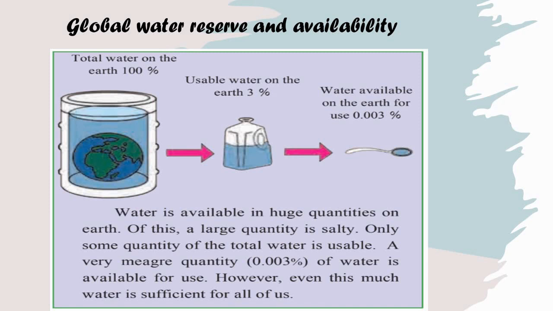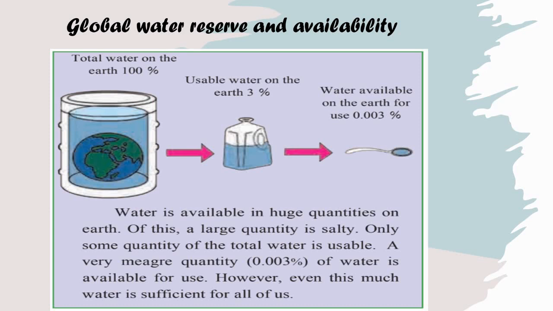Okay, the whole world is using water for different purposes. We use water for drinking, but we should note this fun fact that the water that we are drinking is only 0.003% of the total water available on the earth. This shows how much actually the earth is covered with water.